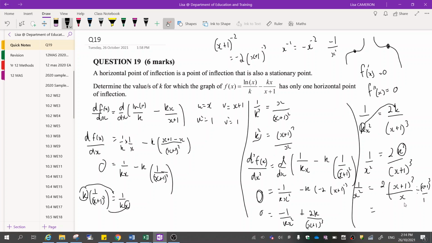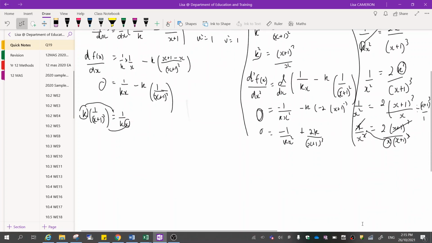Now remember, when I write it like that, that means that I can flip this fraction. So it will really become 2 times x plus 1 squared over x, multiplying x plus 1 cubed, 1 over x squared. Okay, so because these two brackets are the same, that will cancel out with that. And now I could take this one over to the other side by multiplying, so that will times that, which will cancel out one lot from here and one lot from here.